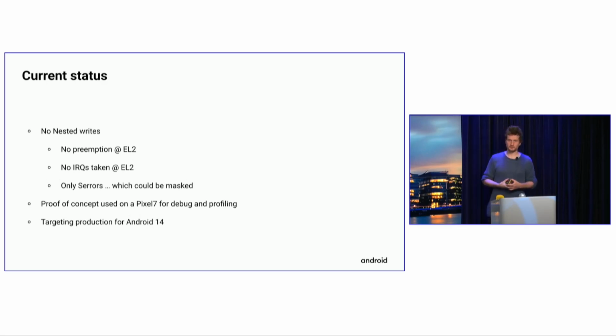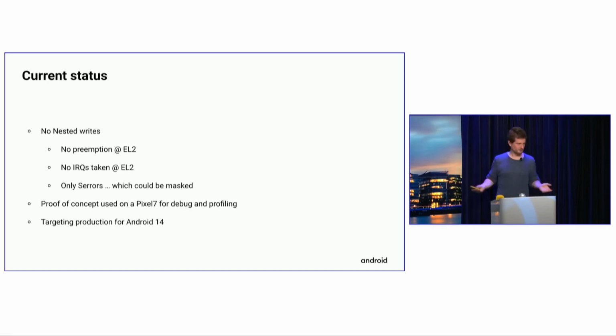We already have a functional proof of concept. It's been used on the Pixel 7, which is the latest Google phone released last week, I believe, for both debug and profiling. Debug to see, for example, do I have a memory leak here? Can I trace where the pages are going?